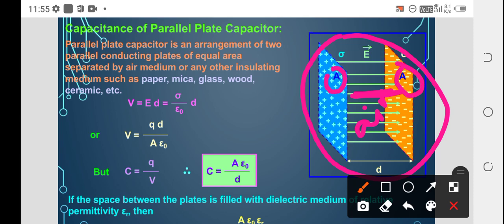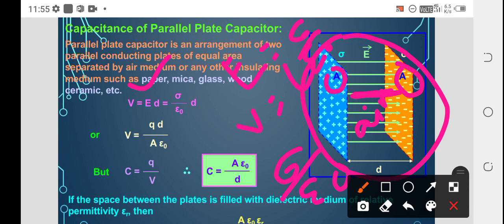Now, what is the potential between these two plates? The potential is V equal to ED. But you know very well from Gauss's law, E equal to sigma by epsilon naught, and D is as it is.